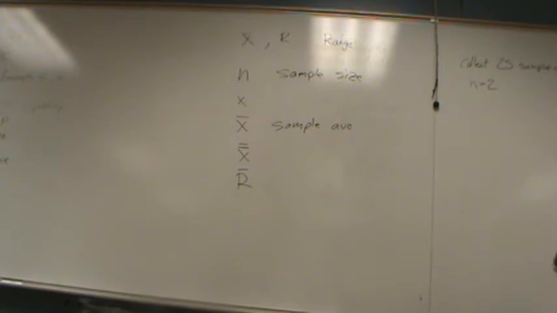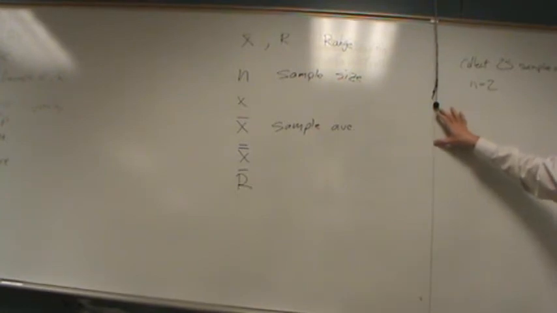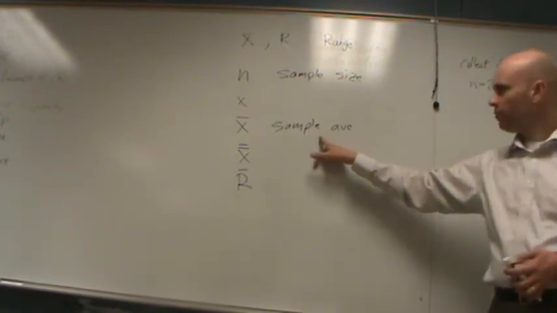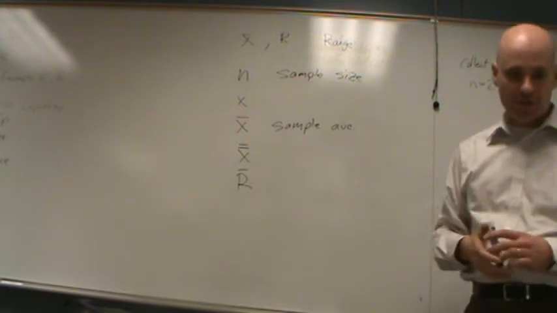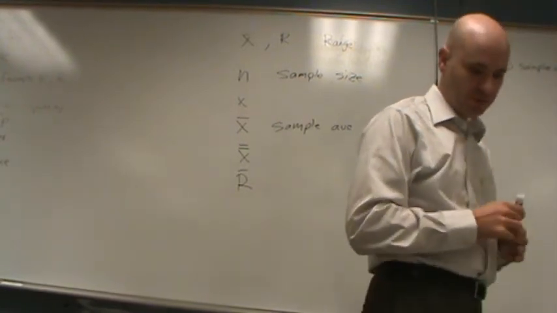So what you're going to do is calculate your samples, then you will create a table of your sample averages. You're going to plot those in time sequence. You're also going to calculate your ranges.